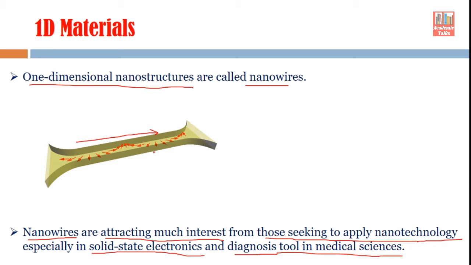In solid state electronics, in order to connect the devices we need wires. Since quantum wires have much higher conductivity, they can prove very useful, not just for making connections, but for acting as an active part of the device. For example, for implementing MOSFET devices also, these quantum wires are being used.